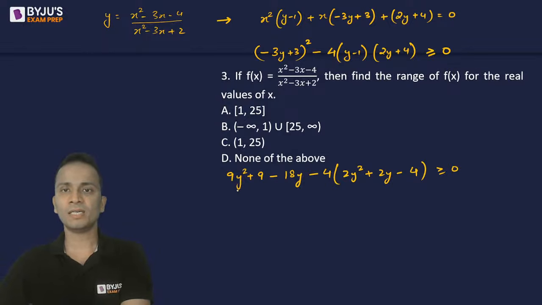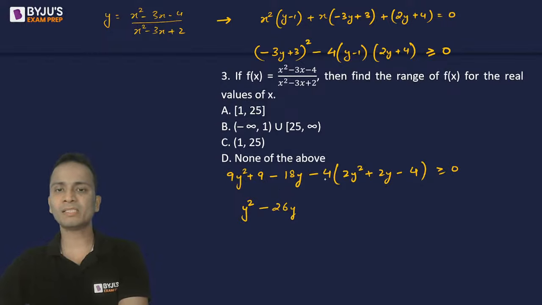Simplifying, 9y square minus 8y square, that is y square, minus 18y minus 8y, that will be minus 26y, and then plus 9 plus 16, plus 25, is greater than or equal to 0.